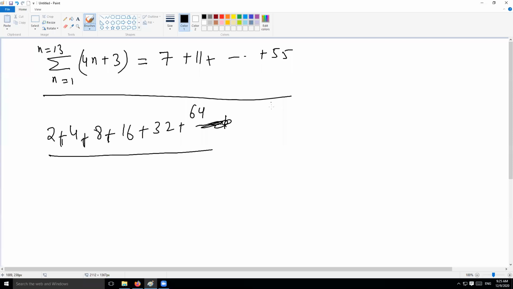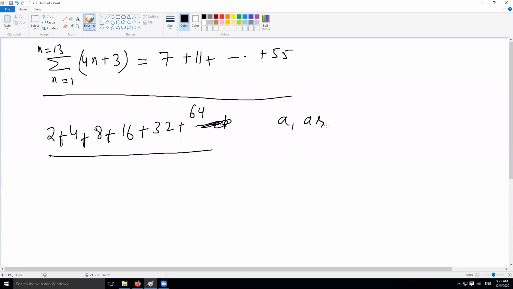And how does a geometric series go? You have a first term, say A, and then a fixed number is multiplied with the previous term.